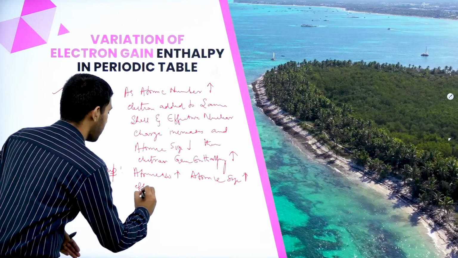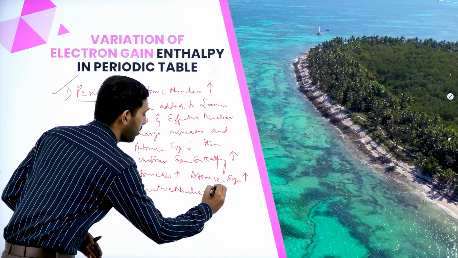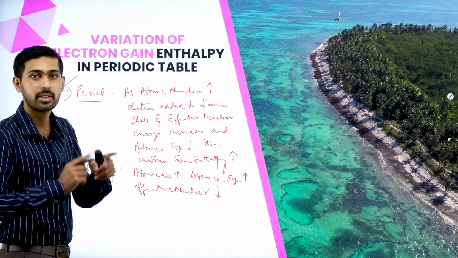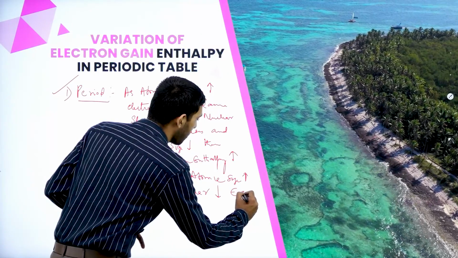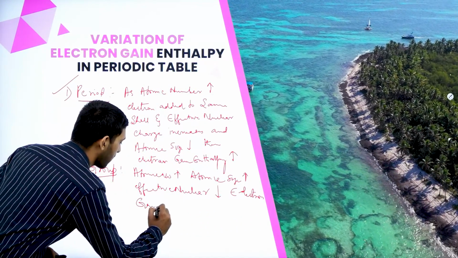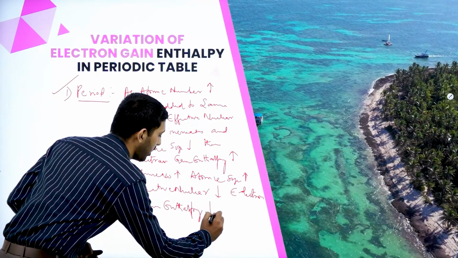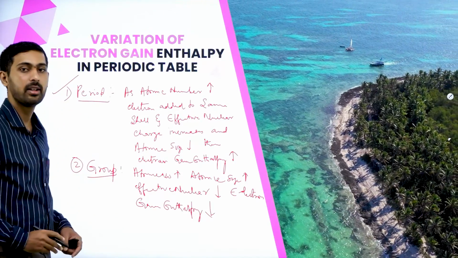Effective nuclear charge decreases because electrons are added to different subshell. So we can say that electron gain enthalpy decreases. Okay, this is the concept along group and period.